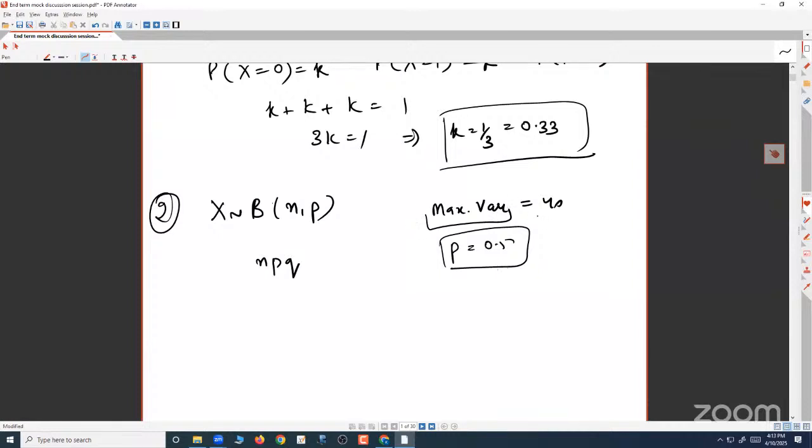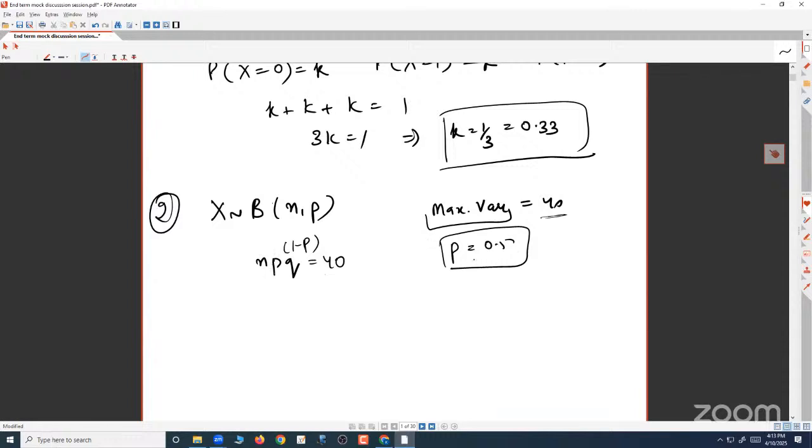We have been given that the value of variance is 40. That means npq is 40, and q is 1 minus p.